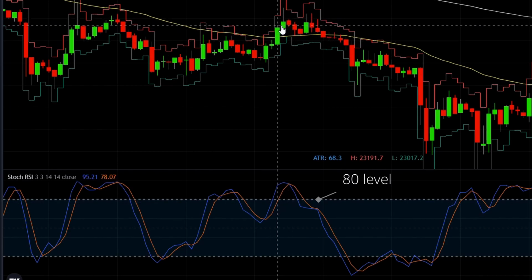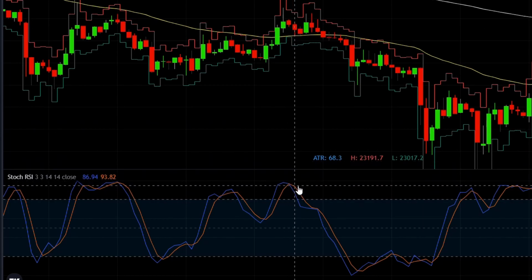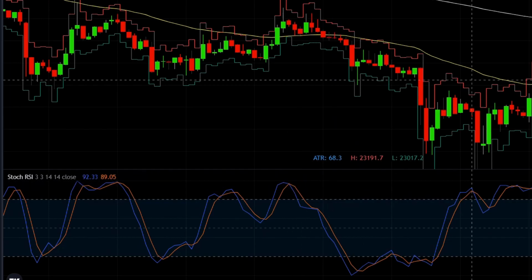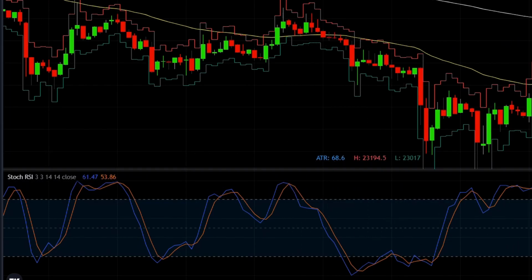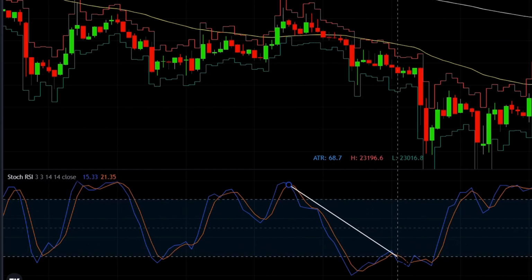Once you got that, we are waiting for the first cross down, which happens right here. And then we are waiting for a second cross down, which happens right here, but it should be at a lower level compared to the first cross down. So if I draw a line here, you can see that the first cross down was here and the second was here, and it is at a lower level.